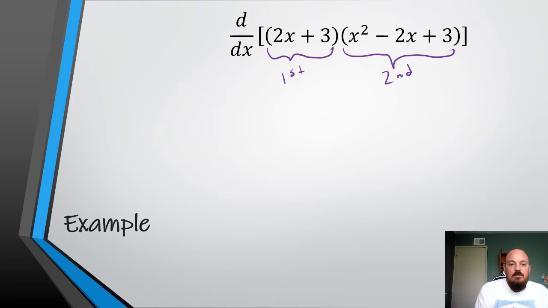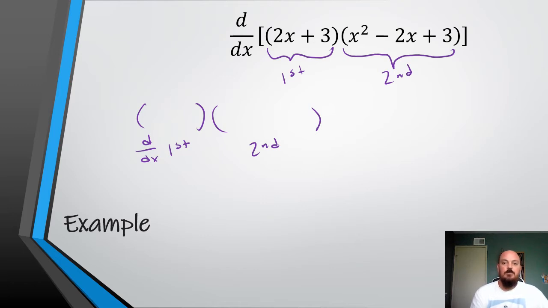So when I go to do this problem, I'm going to set up a framework of parentheses. This would be the derivative of the first function, times the second function, not the derivative, just the second, plus, and then this one would be the derivative of the second function times the first. Now there's two things you can fill in directly from the question.